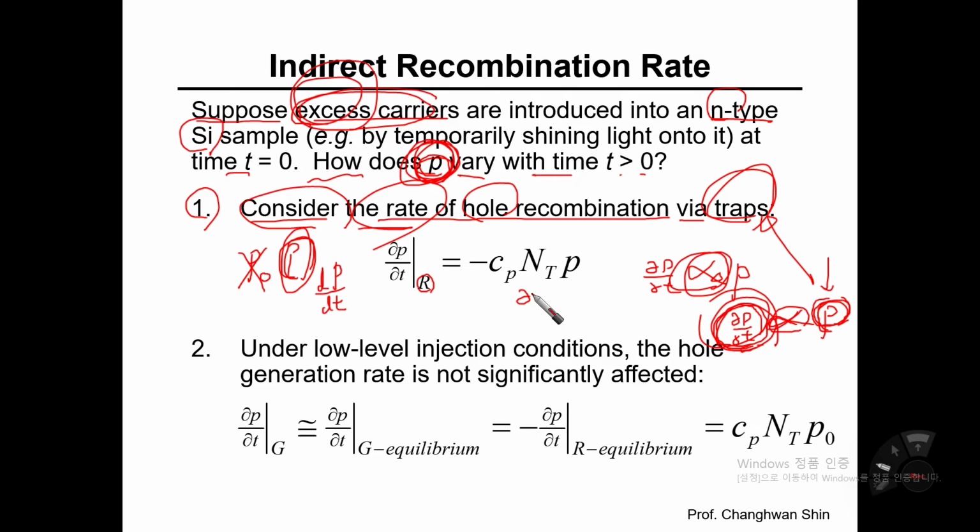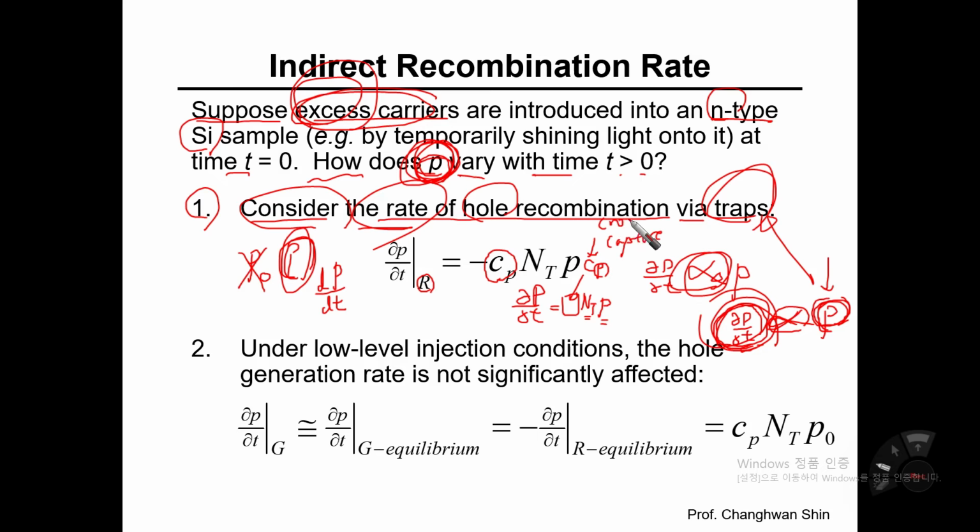So round p over round t is proportional to how many holes are available and how many traps are left behind. This factor has been combined into a single term named Cp, where p means hole and C means capture.